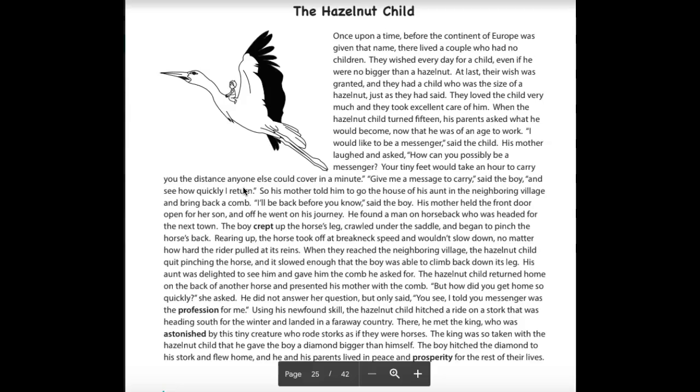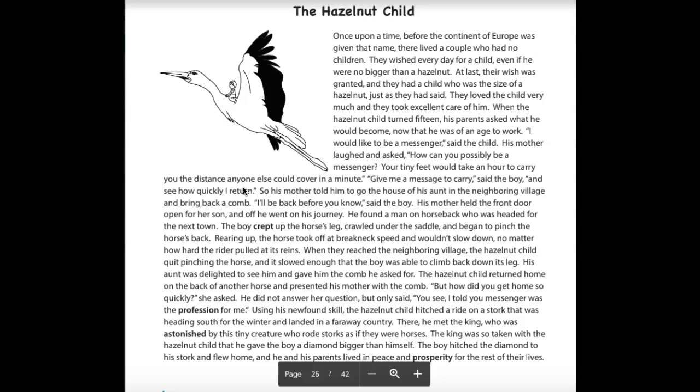All right, so let's see. We left off at, and you should be following along with me. So it says, they loved the child very much and they took excellent care of him. When the hazelnut child turned 15, his parents asked what he would become now that he was of an age to work. "I would like to be a messenger," said the child. His mother laughed and asked, "How can you possibly be a messenger?